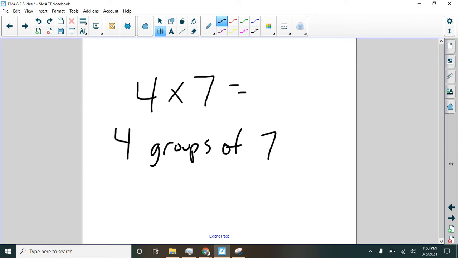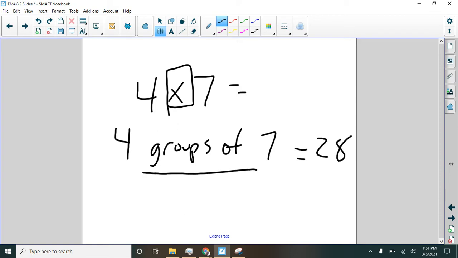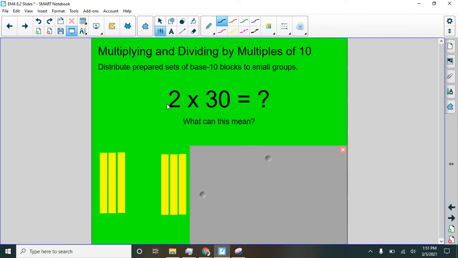of 7. Okay, remember this is multiplying, but it's really just counting equal groups. We started saying equal groups, I think, back in unit 1 or 2. 4 equal groups of 7 would be 28. And so this problem here means 2 groups of 30.